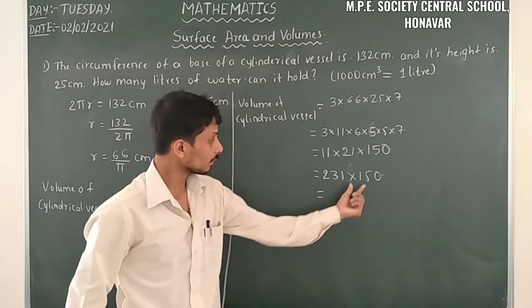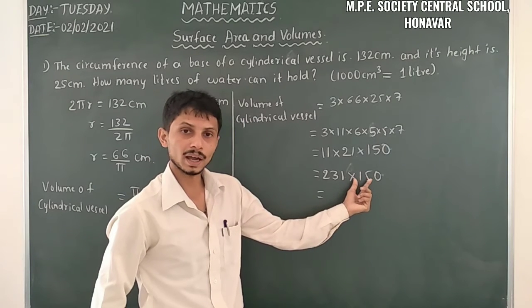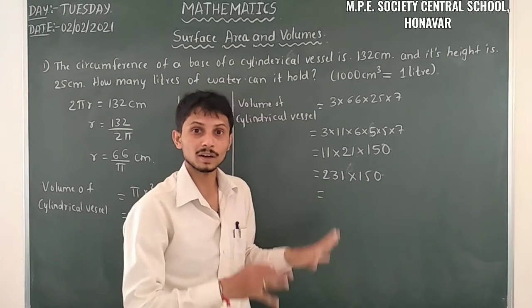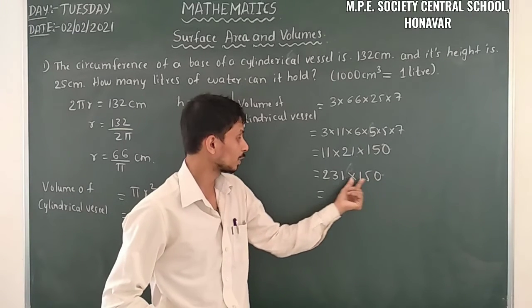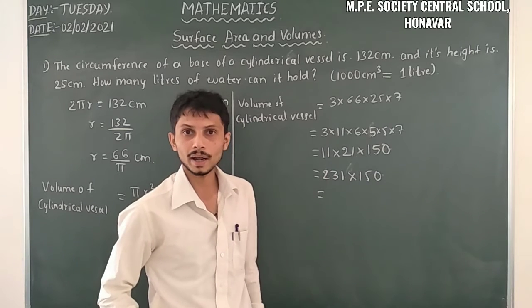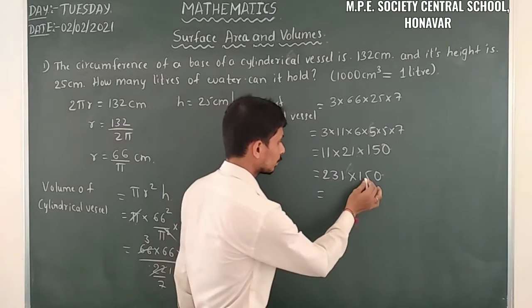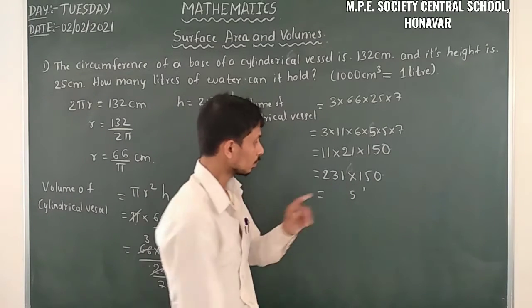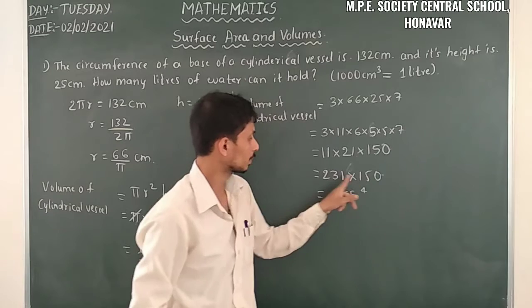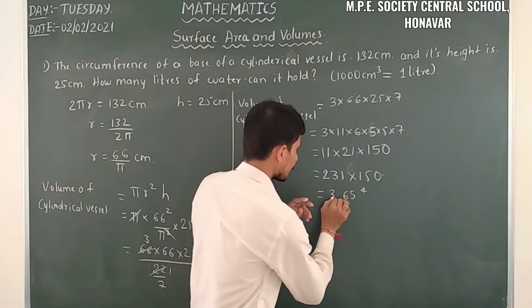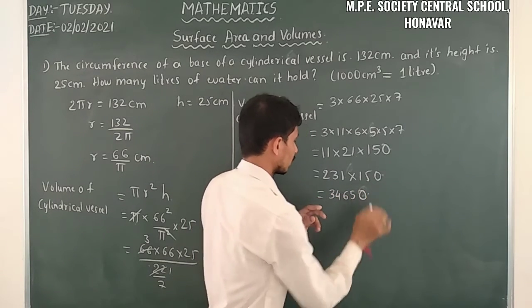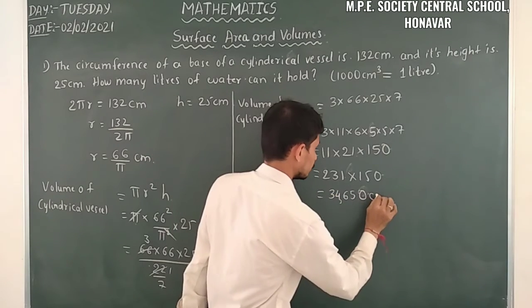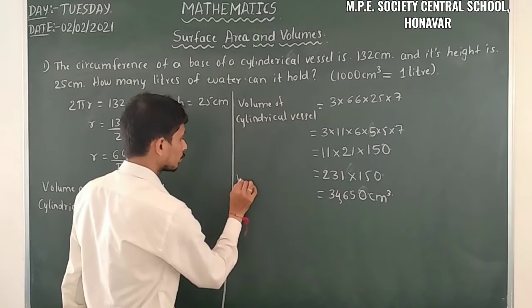Yes. Here we have 15, so just observe we can neglect this 0 here. Firstly we multiply 15 with these numbers, and then we add a 0. 15 into 1 is 15, so 1 remains, 15 into 3 is 45, and 1, 46, 4 remains here, 15 into 2 is 30, 34, and we include 0 here. So that is 34,650 centimeter cube. That is the volume of the cylindrical vessel.